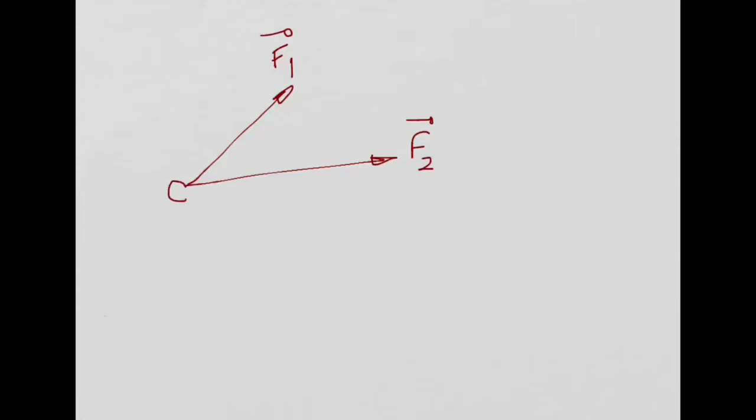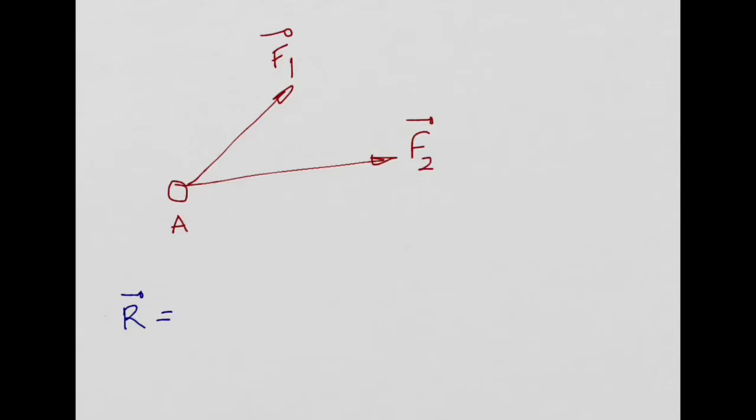And I have here a particle, let's say particle A. So these two forces, they are two vectors, F1, F2. They are applied in this particle A. And what I want to do now is I want to obtain the resultant, we call R.